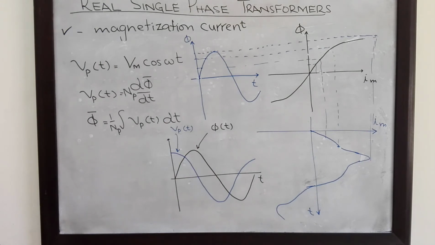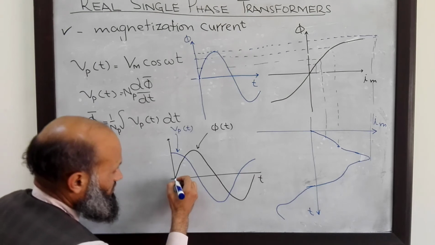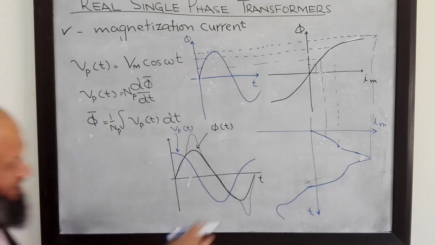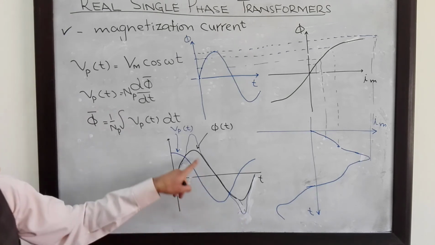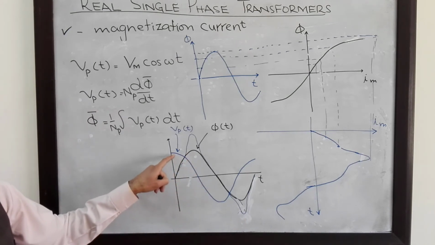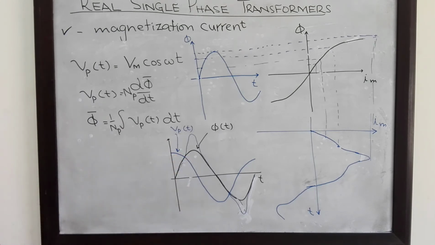So the graph for the magnetization current looks like this one. This magnetization current is in phase with the flux and lags the applied voltage by an angle of 90 degrees.